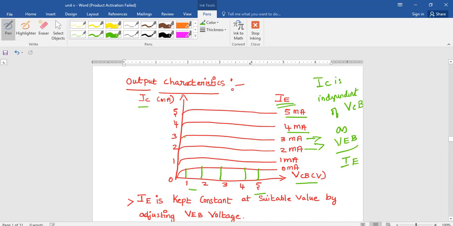As VEB is forward bias, the emitter current is collected by collector region and it is reflected at your output. Even though VCB is reverse bias, because of the polarity, IC changes and it increases in value. This is your output characteristics in common base configuration.